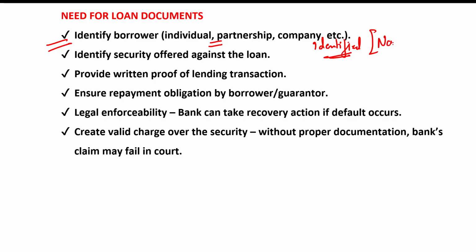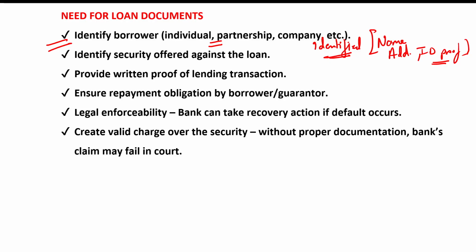The name, the address, ID proof, all these are taken. Secondly, we identify the security. Record details of the asset pledged as security. Examples are the property details, gold description, FD number.